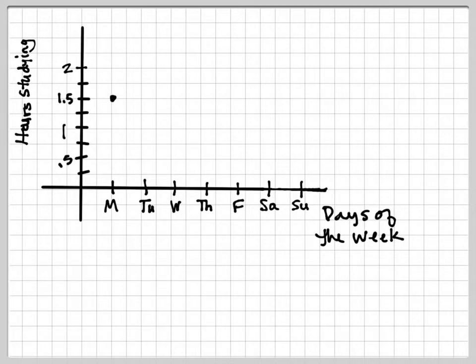The second one was Tuesday, and it was 1.75 hours. So that's right here. And then we have Wednesday, 0.75 hours. I'm wanting to skip days. I think I must have made my scale messed up when I did this because they're all just a little bit off.